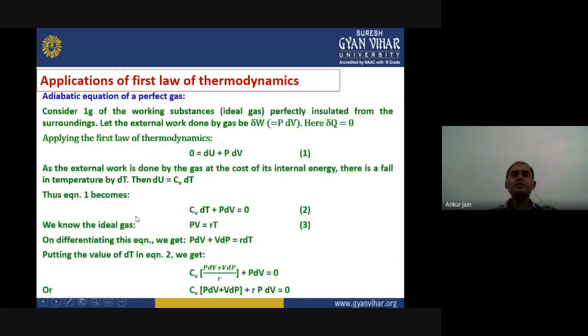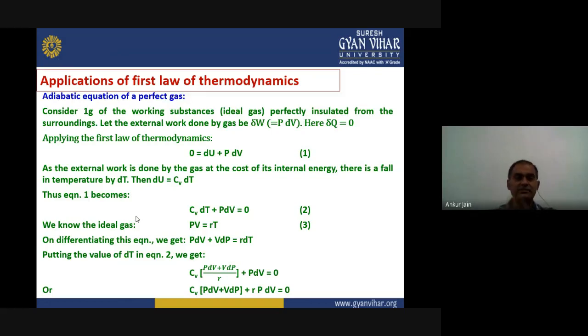Okay, now we will derive an adiabatic equation for a perfect gas. We have already derived three different equations that were giving the relationship between pressure and volume, pressure and temperature, and volume and temperature. So we will do it again here, but this time we will use the first law of thermodynamics. So for that, let us start. Let us assume 1 gram of working substance. Working substance can be an ideal gas that is perfectly insulated from the surroundings.